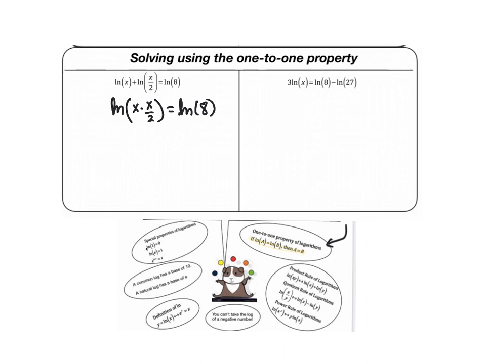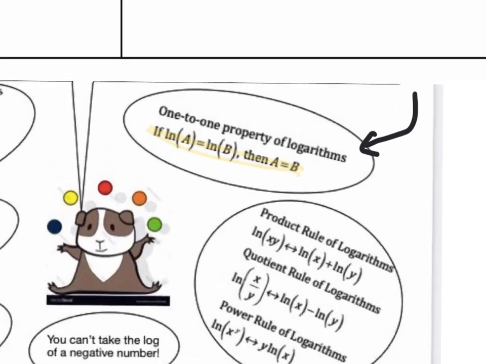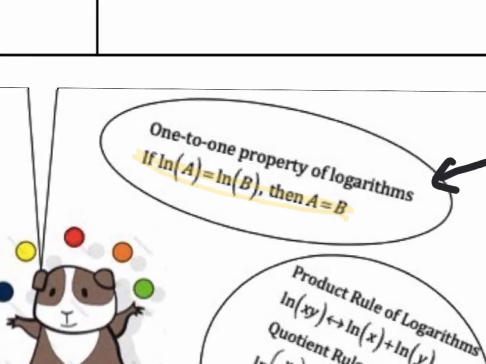Next I want to simplify and go the natural log of x squared over 2 equals the natural log of 8. Now, if I have the natural log of something equals the natural log of something, I can get rid of the natural logs and set those equal to one another and solve.